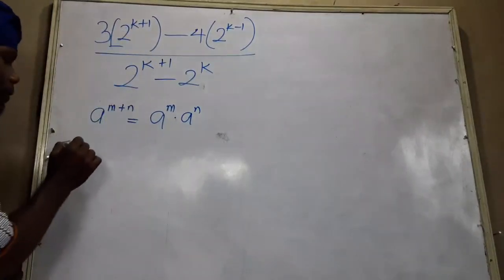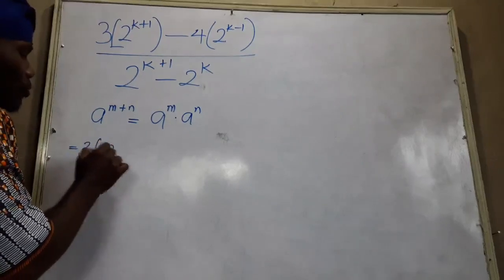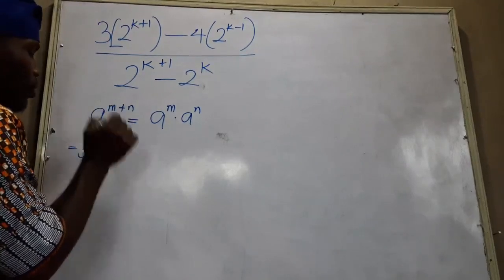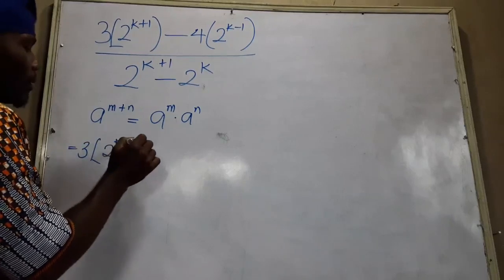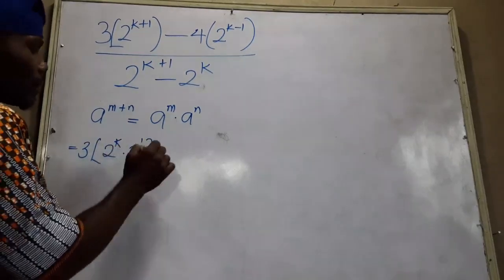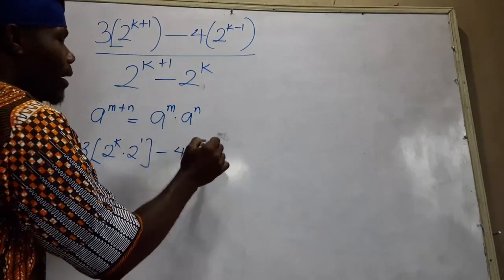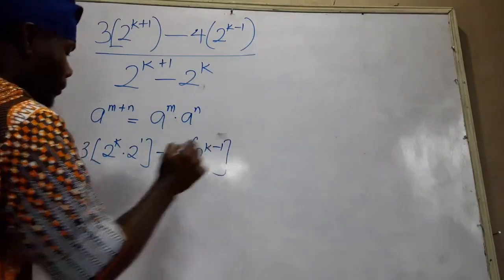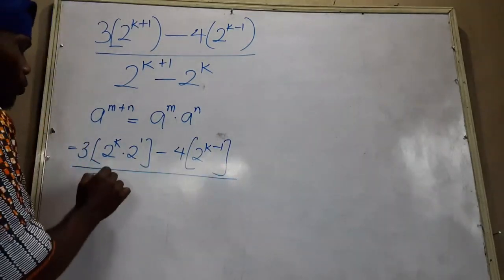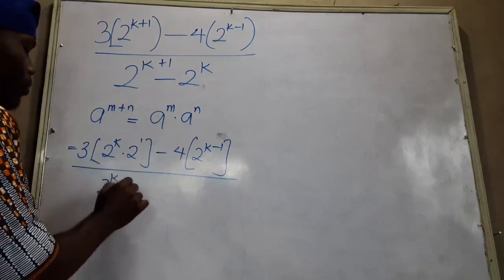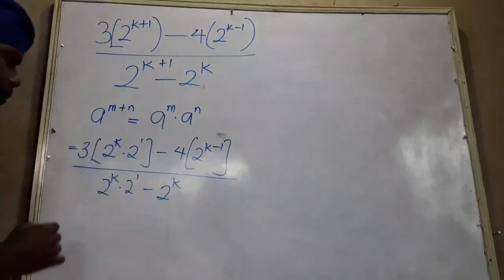We have 3 times bracket open 2 raised to power k times 2 raised to power 1, minus 4 times 2 raised to power k minus 1, divided by 2 raised to power k times 2 raised to power 1 minus 2 raised to power k.